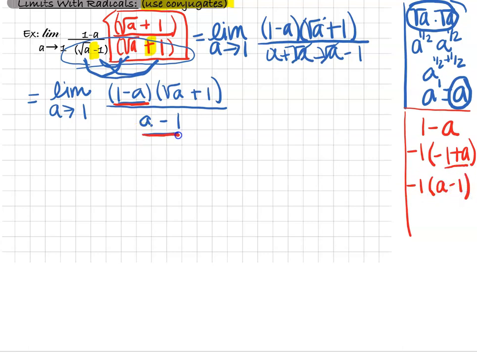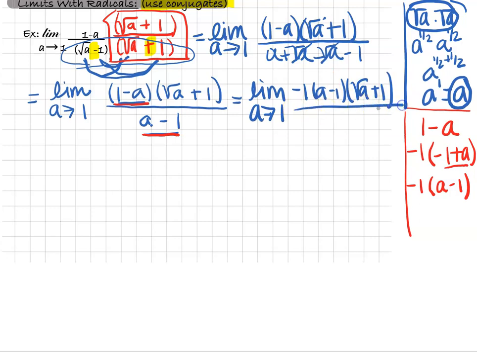So now I have that a minus 1 I would like. So I'm going to say this is equal to the limit as a goes to 1 of -1 (a minus 1) square root of a plus 1 all over a minus 1. And because I have multiplication going on in here, I can cancel on top and bottom, which is equal to, still haven't taken that limit, a approaching 1 of -1 parentheses square root of a plus 1.